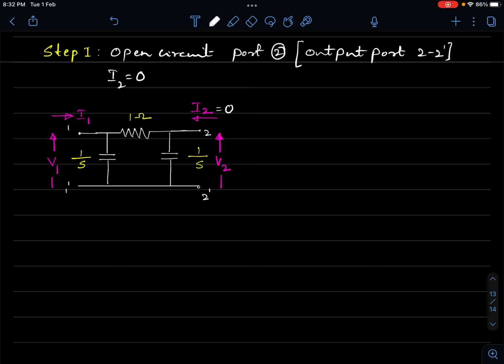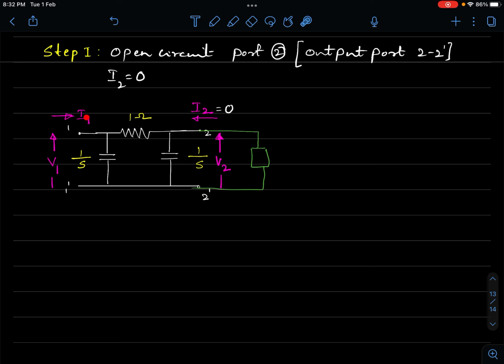So when will I2 flow actually? I2 will flow when you close this part. If I connect a load here, for example, then there is a supply of V1 here.